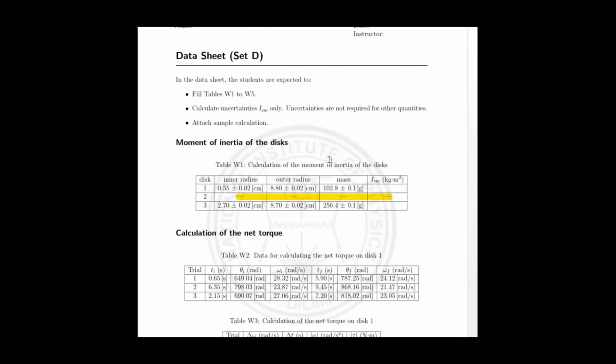Ops, isama ninyo ang uncertainty din ng moment of inertia. For this experiment, I just did the relative uncertainty. Note the units. Naka-cm ito, tsaka ito naka-grams, pero ang kailangan ng moment of inertia ay kg times square meters. So you also have to convert your measurements beforehand.